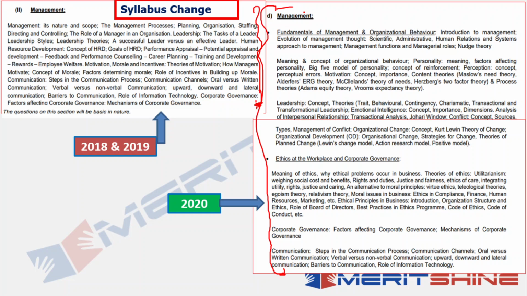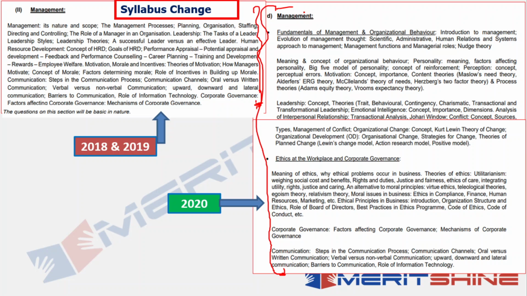Now, the changes are not limited to the fact that many new topics were added and many topics from the old were supposedly deleted. Why am I saying supposedly deleted? I'll come to that in a moment. But the importance of the new area seemed to be high, in the sense that the management syllabus was created in a more deep form, in a more detailed form.